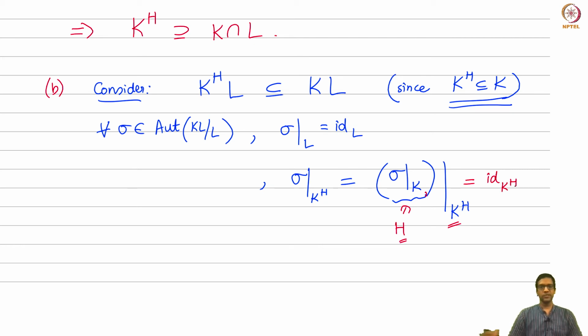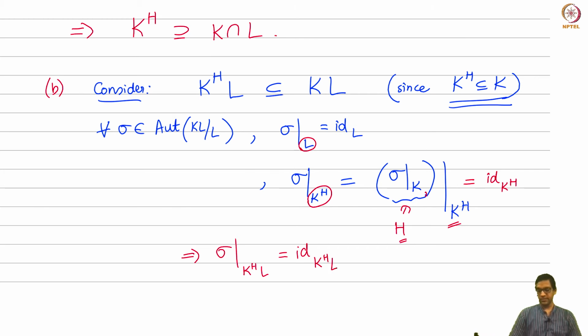So this is the slightly tricky argument that one has to work through to understand. The basic idea is that sigma restricted to K^H is like some element of H acting on K^H, so that's the identity. Now the same argument that we used before: if an element acts as identity on both L and K^H, two fields, then it acts as identity on their union and therefore as identity on their composite.